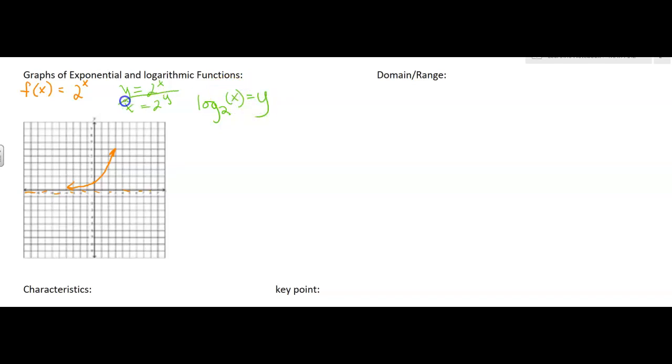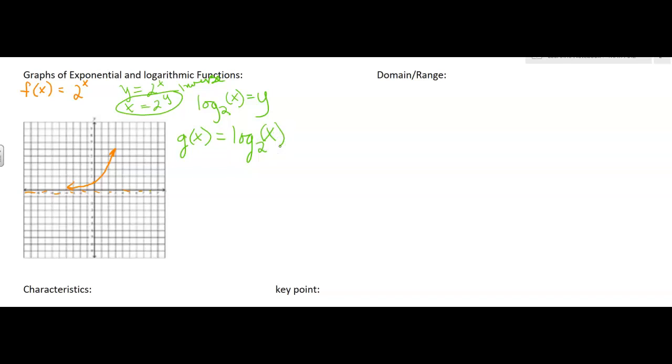So taking this, we're doing an inverse here. A logarithmic function and an exponential function, with the right numbers and arguments, are inverses of each other. So I'm going to write that as g of x is equal to log base 2 of x.